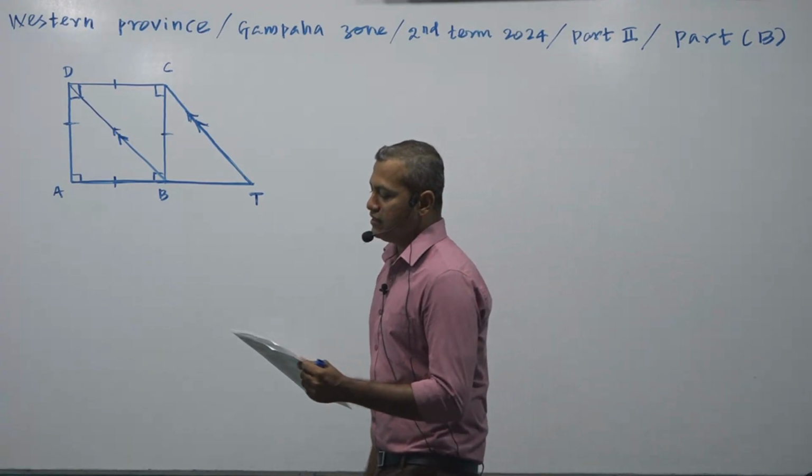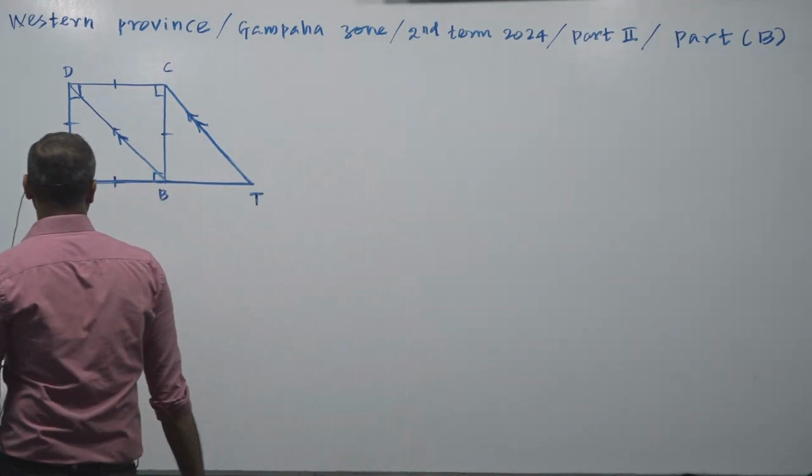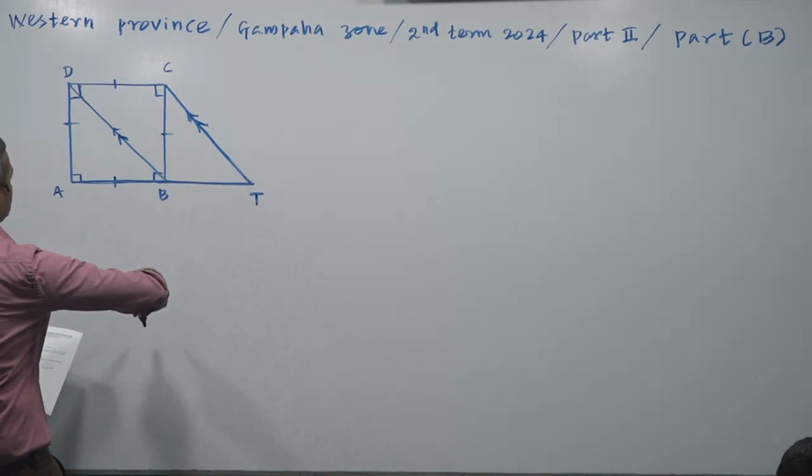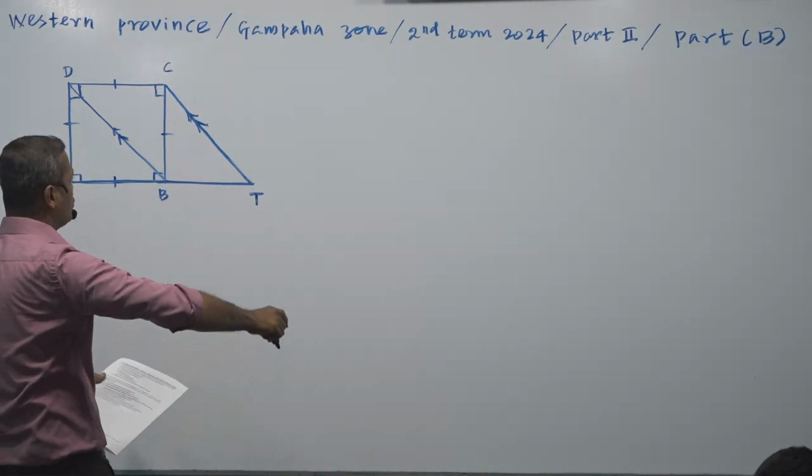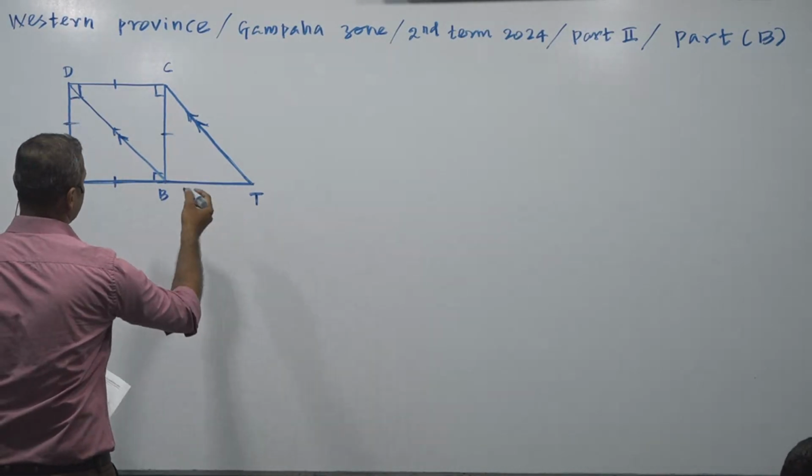BC and DT lines intersect at P. BC and DT. So you need to join DT as well.